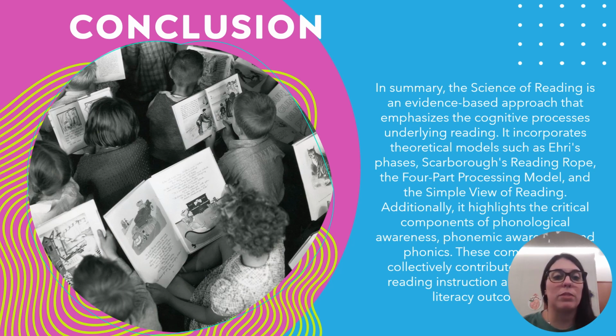Phonological awareness, phonemic awareness, and phonics all play vital roles in building strong foundational skills required for competent reading. And then Kilpatrick's four-part mental processor model highlights the different cognitive processes involved in skilled reading. And finally, Gough and Tunmer's simple view of reading underscores the importance of both accurate word recognition and oral language comprehension for successful reading comprehension.